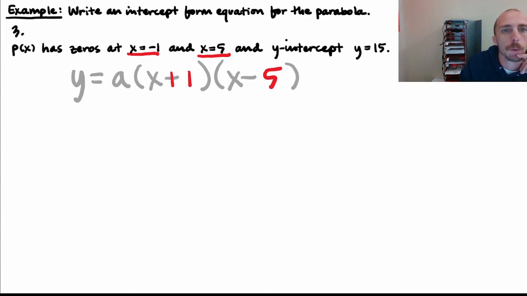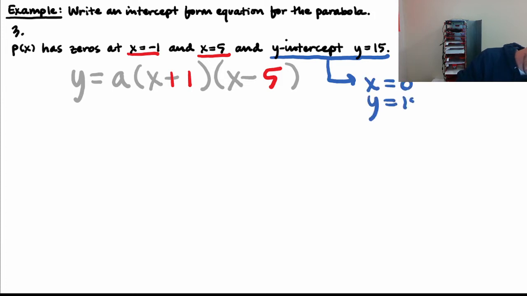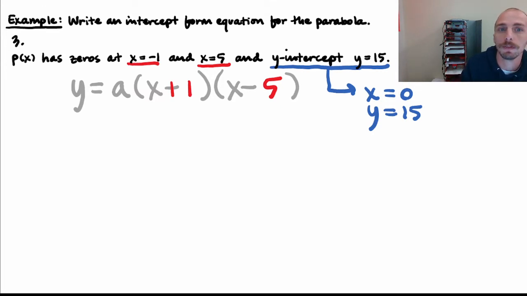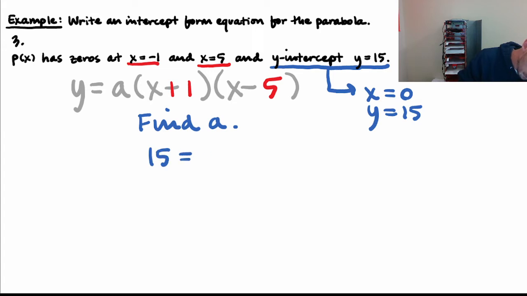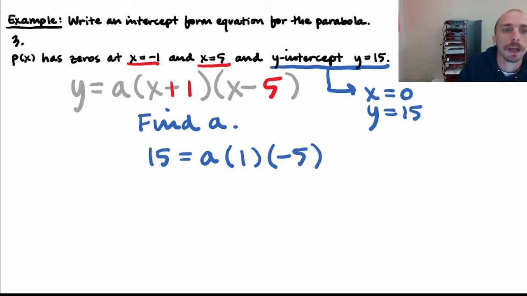And then the y-intercept, y equals 15. A y-intercept is a place where x is equal to 0. So I'm going to plug in the point where x is 0 and y is 15 to help me find the value of a. So 15 equals a times 0 plus 1 times 0 minus 5, which is -5.